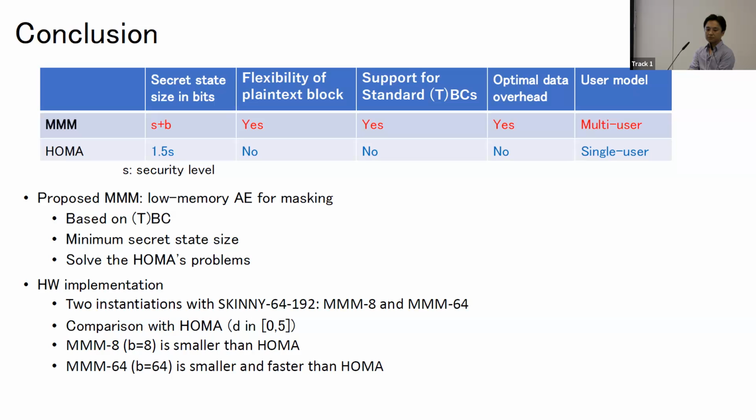Okay, so you especially compared your design to HOMA, because you use a Skinny instantiation, so smaller ones. So any comments on larger flavors, let's say? Basically, M8 is smaller than HOMA, and M64 is smaller and faster than HOMA.